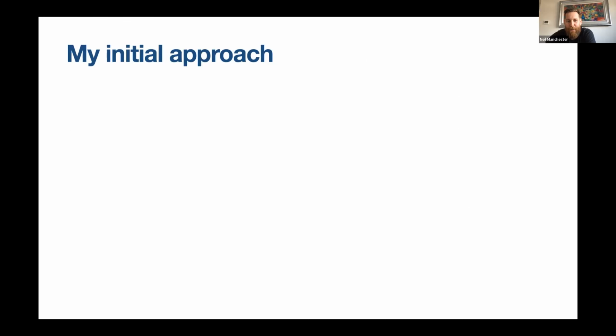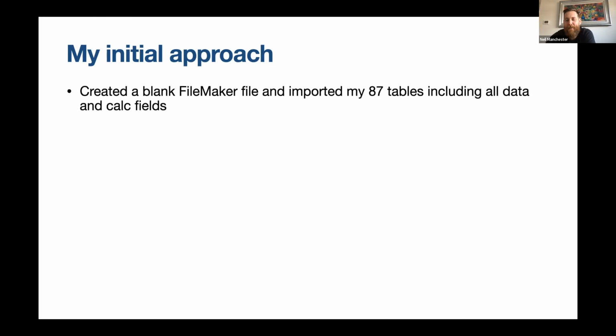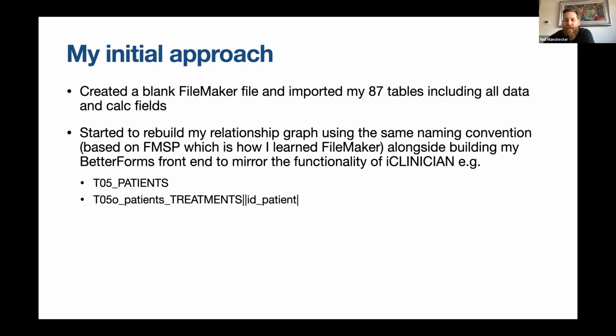As a first approach, I created a blank FileMaker file and imported the 87 tables that make up iClinician, with all the data fields and all the calculation fields. Then I started to rebuild my relationship graph using the same naming convention, because I know that almost off the top of my head and can follow the same process.